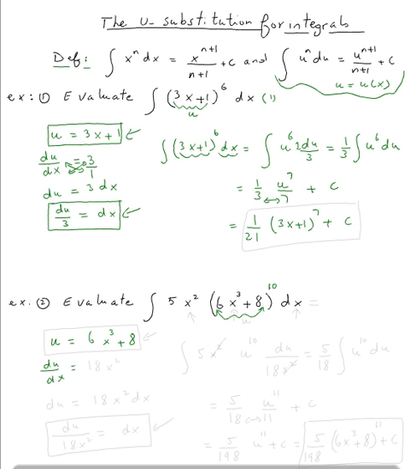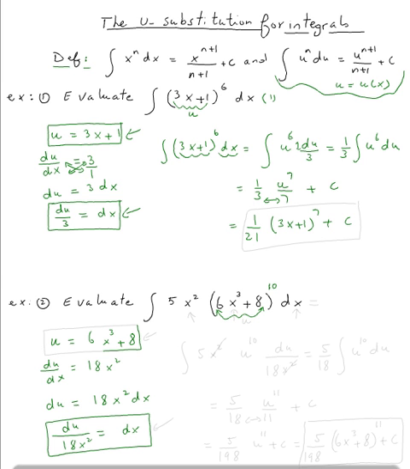Now remember, du over dx is equal to 18x squared. So du is equal to 18x squared dx. And remember, we always solve for the dx. So if we solve for dx, this is the same thing as du over 18x squared. I'm trying to do it the easiest way. So always solve for the dx.